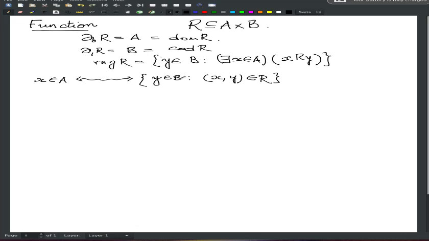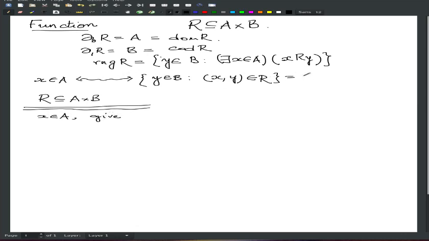So in essence, if you give me a relation, another way of specifying it is to give, for each x in A, this set, say I call it Rx, the subset.